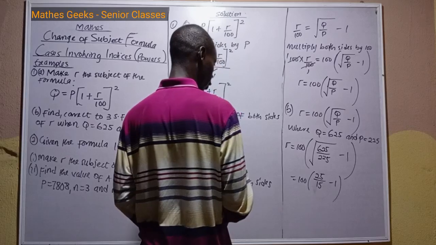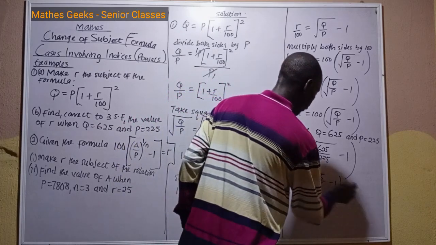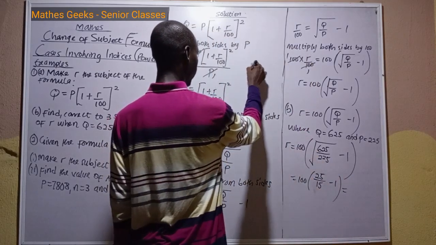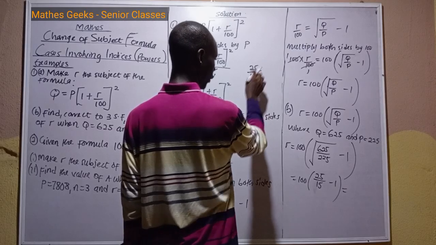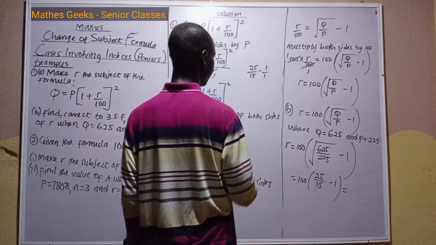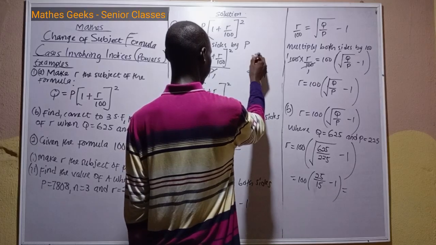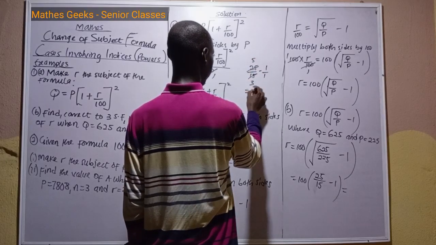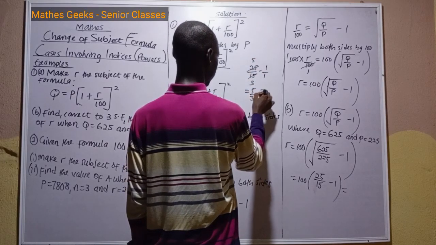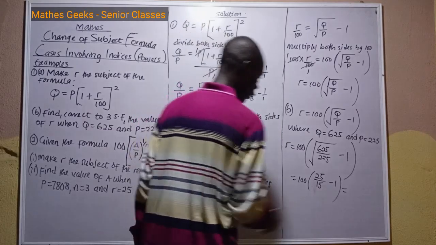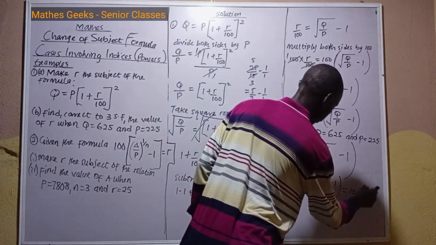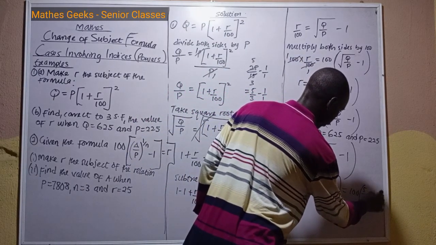So now we have a fraction to deal with: 25 over 15 minus 1 over 1. First of all, let's see if we can reduce it. 5 into 25 gives 5, 5 into 15 gives 3, so that's 5 over 3 minus 1 over 1. We can say 100 times 5 over 3 minus 1.